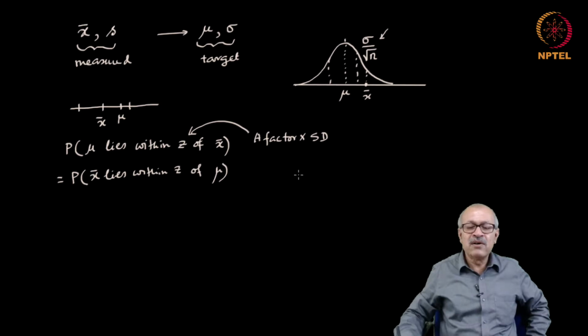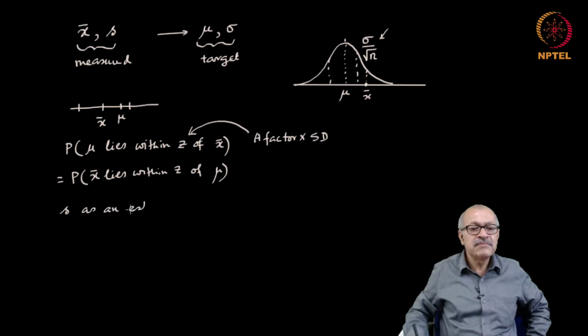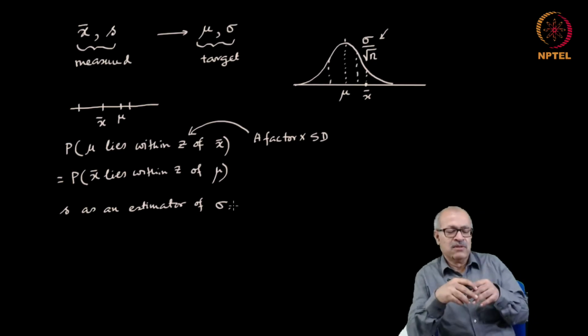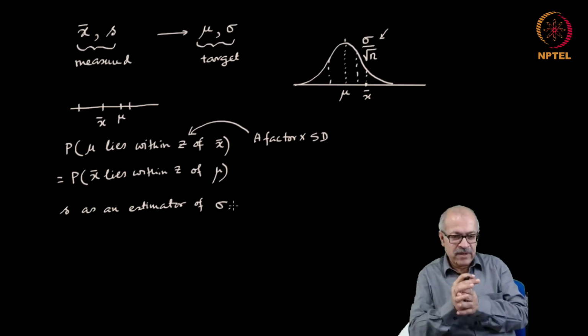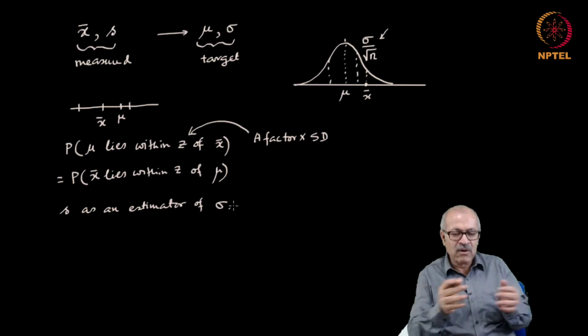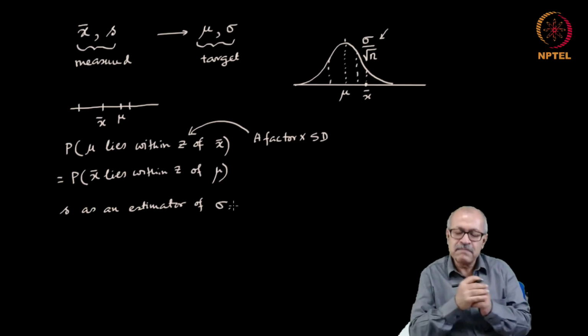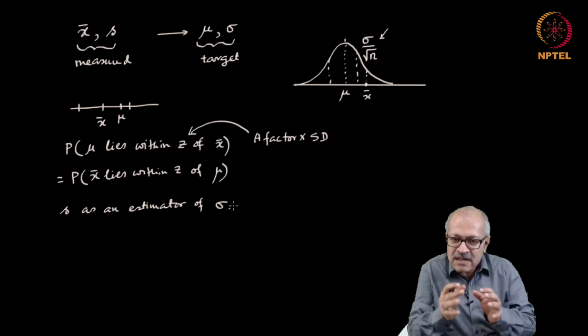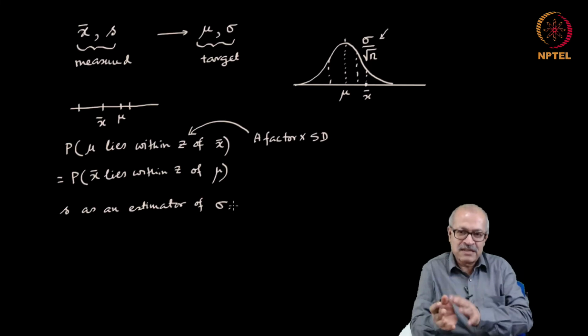So, we argued that we will use s as an estimator of sigma. You might ask, how logical will that be? Won't that incur errors in the calculation, in the measurement? Yes, it will. But there is a logic behind this substitution.